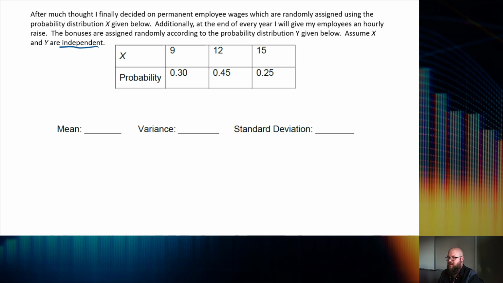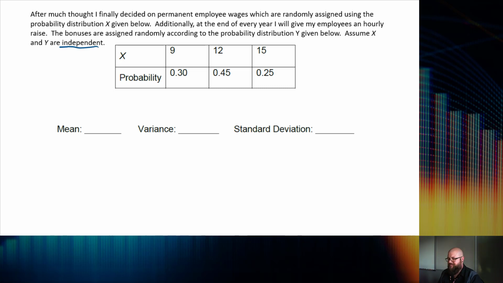So here are the values that we're going off of. I'm going to set you up with $9, $12, and $15, and then the probabilities of getting those. To start, let's get the mean, variance, and standard deviation for these hourly wages of x.